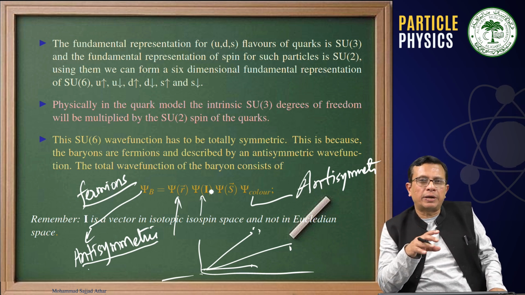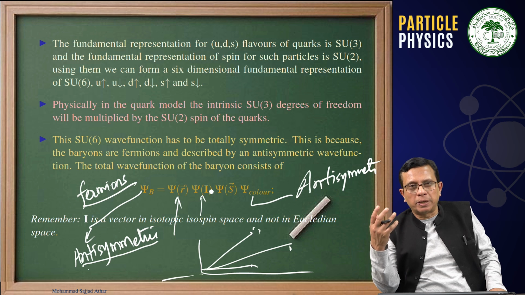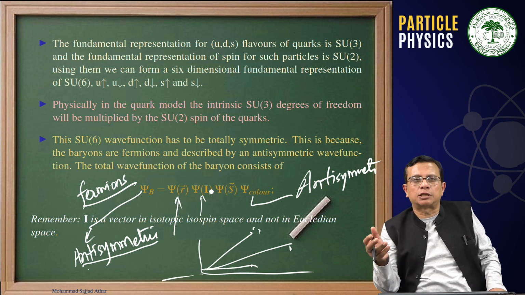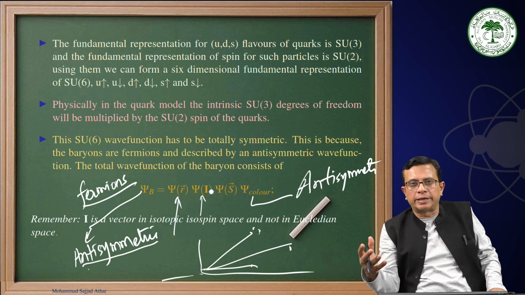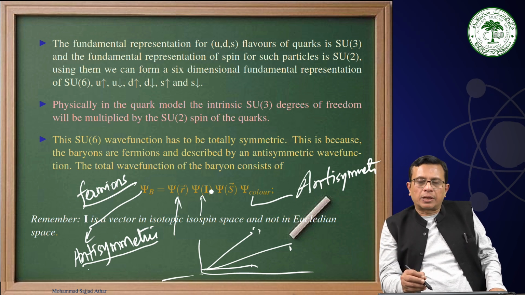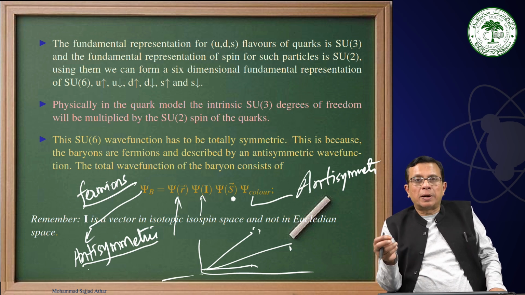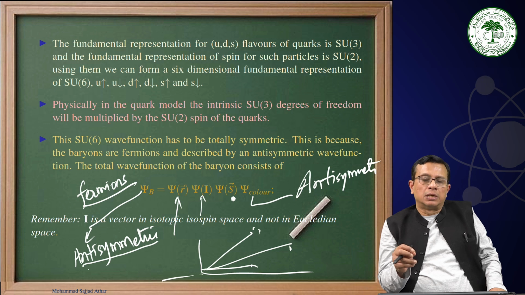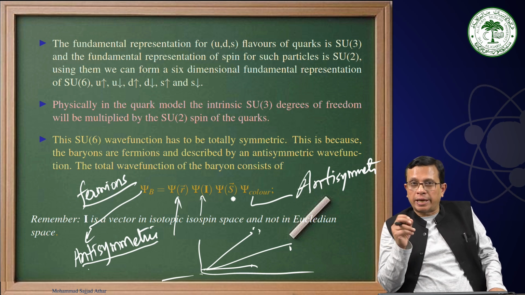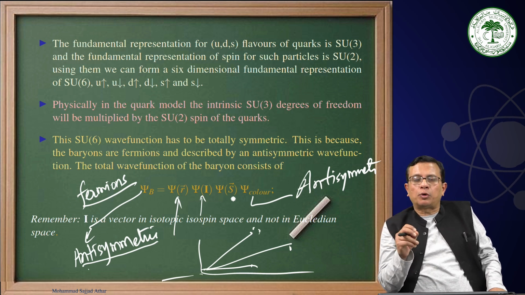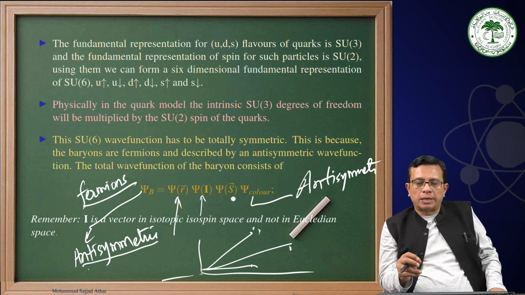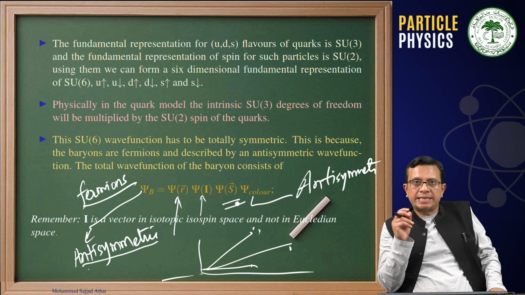This is a vector in isotopic spin space, which is a hypothetical charge space. Therefore, we should never get confused with the vector in ordinary space. Then we have a wave function that depends upon the spin of these quarks. Spin is again an intrinsic property of the particle, and it is an entirely independent entity.